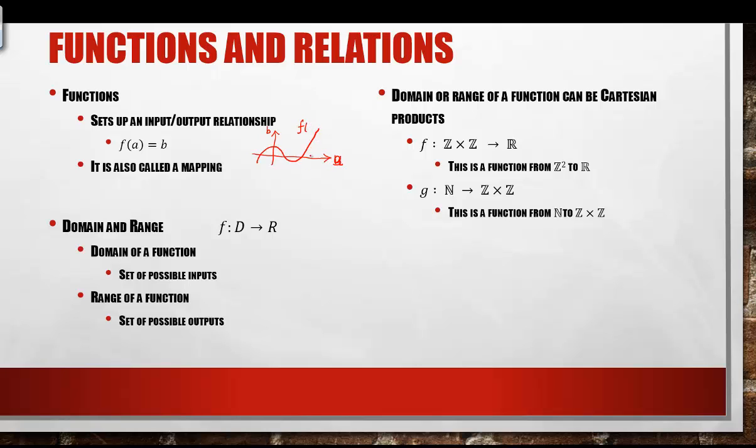So a sub i here, and then this would be b sub i. Functions are also called a mapping, and we can also say that f maps a to b. So in other words, the English way of putting f(a) = b is to say f maps a to b. It's the same thing.